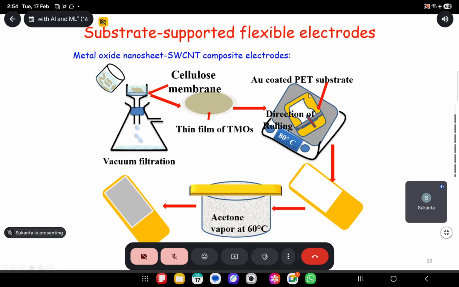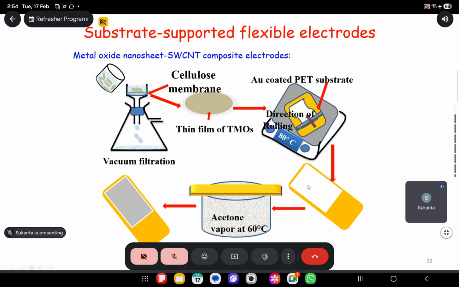This is done on top of a hot plate. After depositing on top of gold, there is the active material, and above it is the filter membrane. While transferring, we make it the other way round: the film side will be on top of gold. So this is the filter membrane, and this is the gold-coated PET, and in between the active material is there.